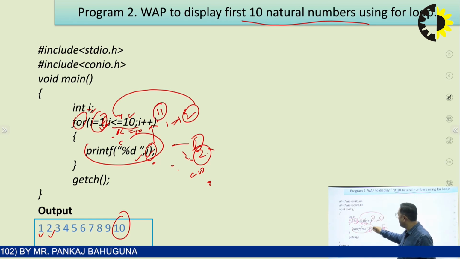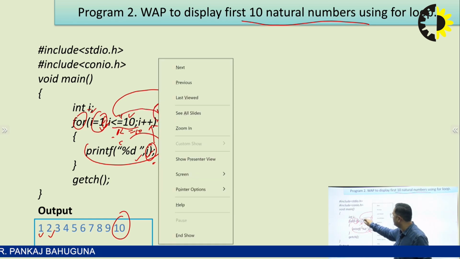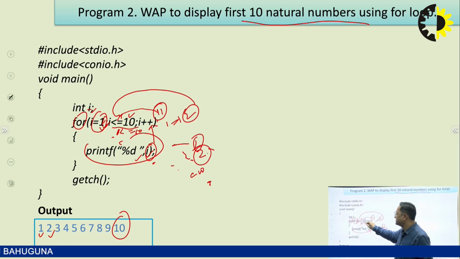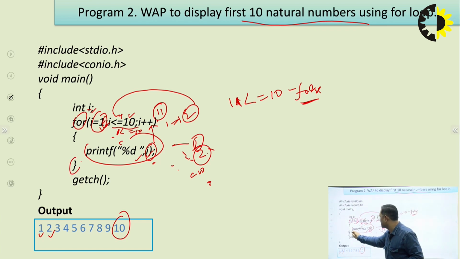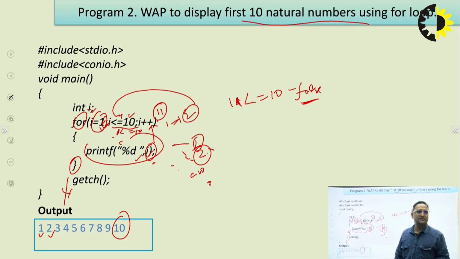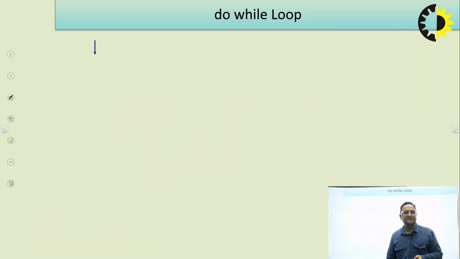Once the value is updated to 11 and checked against 10, this is incorrect. 11 is not less than or equal to 10, false. As I mentioned in the steps, if the condition is not met, it exits the loop, means from the curly braces, and does the rest of the program. So that's how the for loop works.